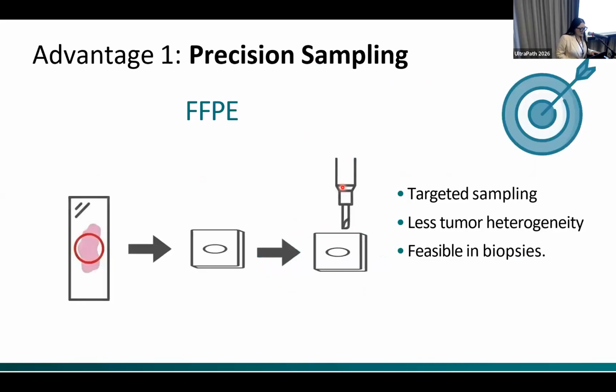To summarize all the benefits of the FFPE over the wet tissue, we have the targeted sampling, reduced tumor heterogeneity, and the possibility to use it in specimens where all the tissue has already been embedded, like biopsy specimens.